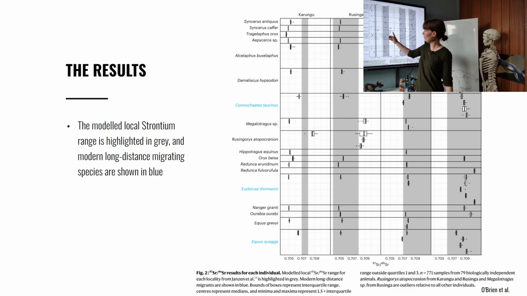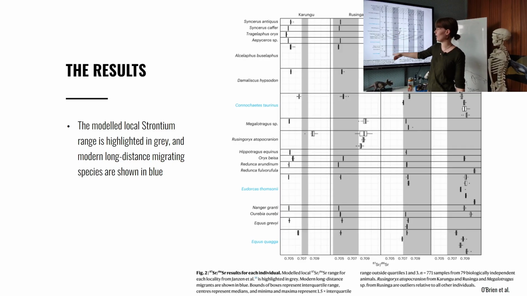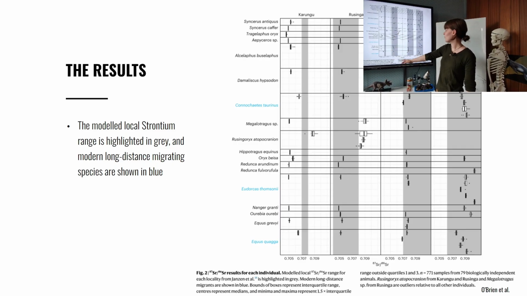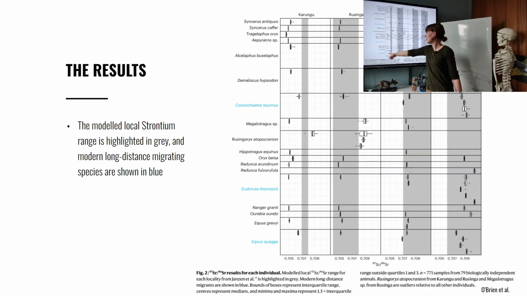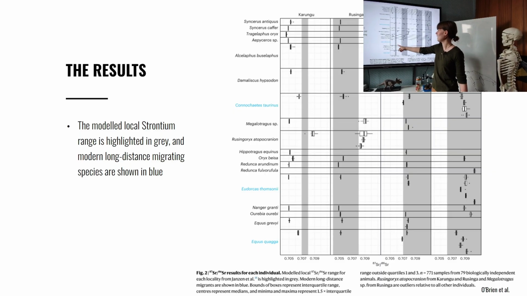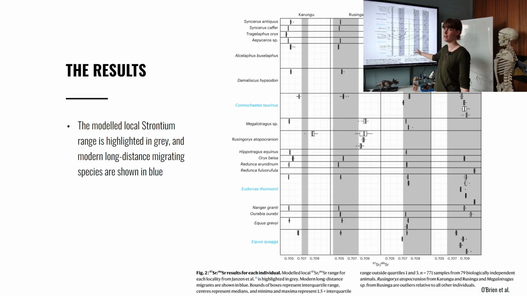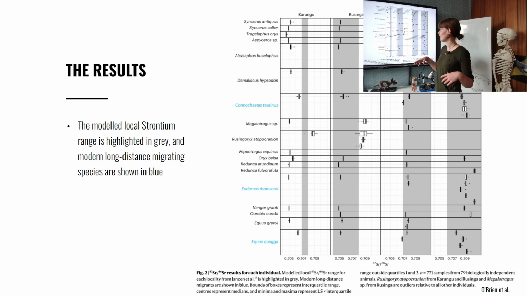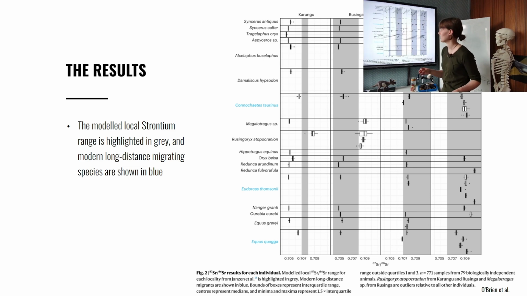And these blue ones here are all modern long distance migrating species. So if we look at these, that's the zebra, Thompson's gazelle. Don't remember what that one is, but these all lie pretty much within the grey band, which generally suggests that while they do migrate today, they weren't so mobile in the past, which is a really interesting thing.